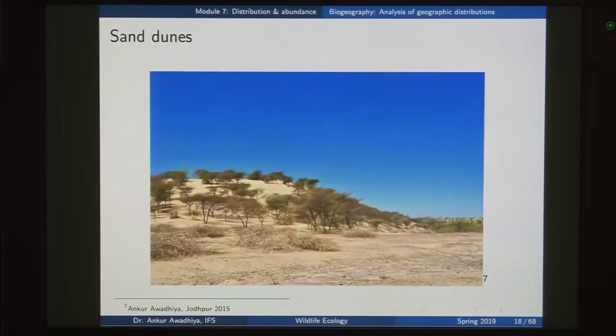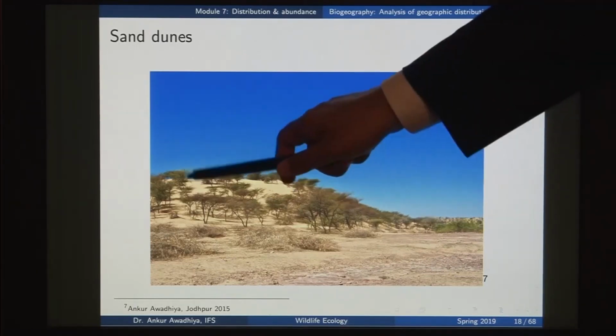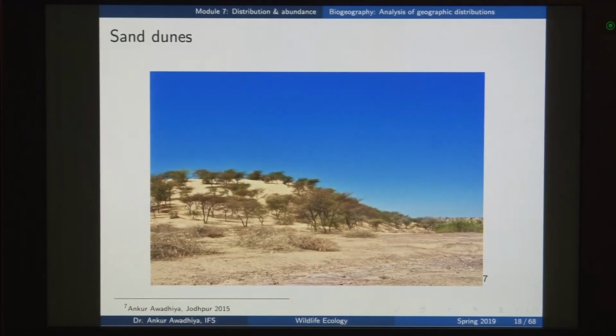If you move further westward, in the case of Jodhpur, you will find these sand dunes. Now, we have moved from a scrub forest to a sand dune. Now, a sand dune is typically a very dry area, and these trees, they have been imported and planted to stabilize the sand dunes.